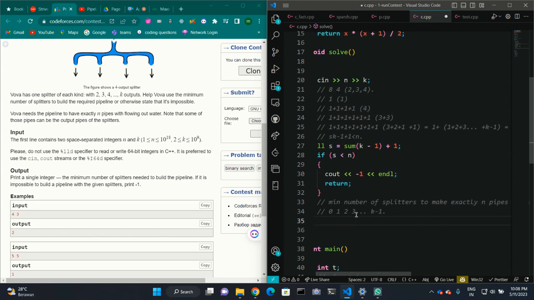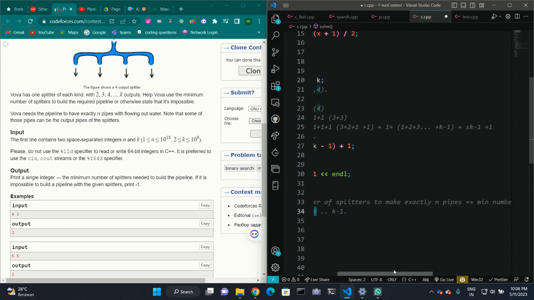So if with 3 splitters we can make at least n pipes, then obviously with 4 splitters I can also make at least n pipes, right?